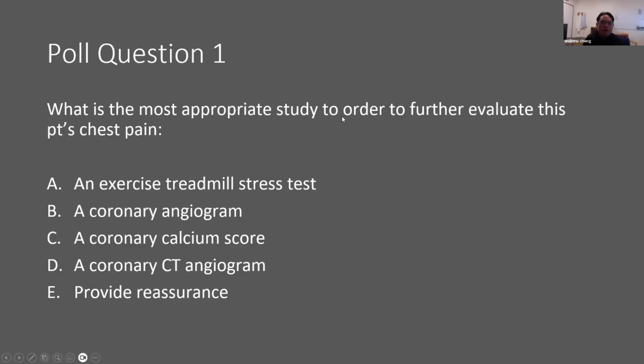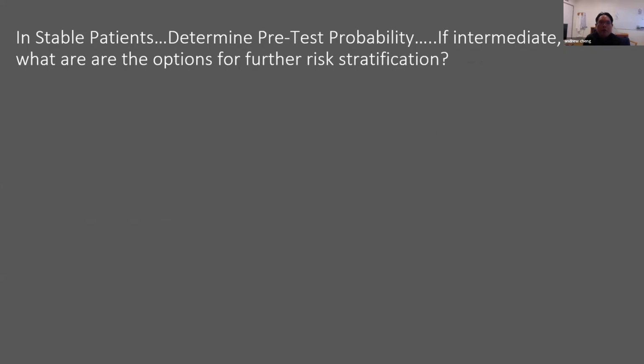So let's just talk about the results, and let's talk about the question. What's important in patients with stable CAD, to determine if you need further risk stratification, is to think about their pretest probability.